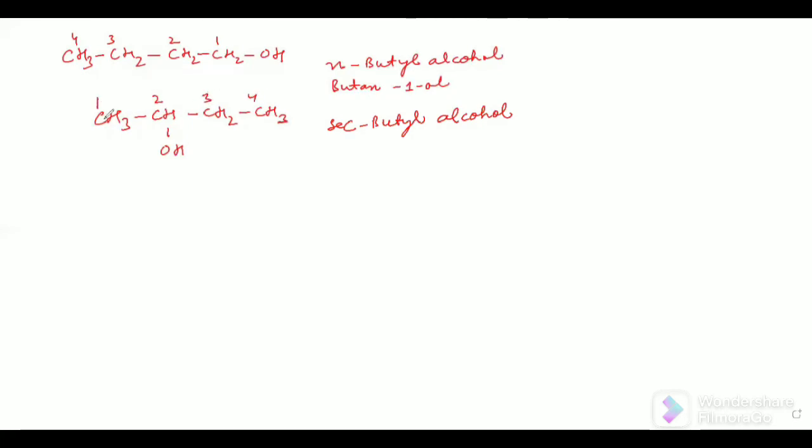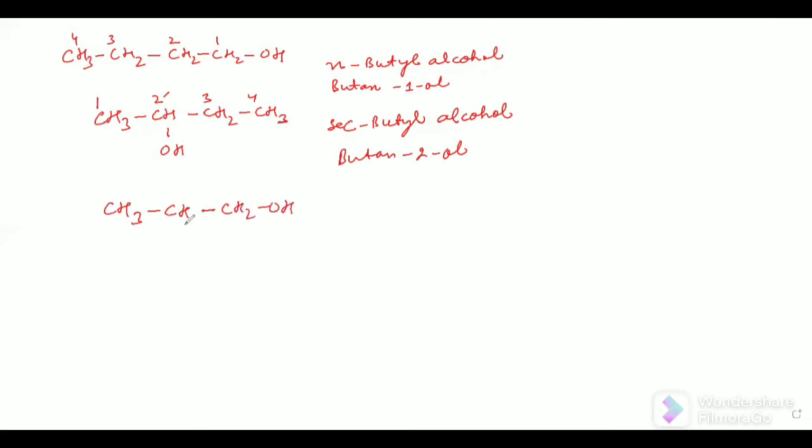We start the numbering from the left-hand side because the OH group will get 2. If you start the numbering from the right-hand side, 1, 2, 3, this OH group will get number 3. So we have to do the numbering from the left-hand side. So the IUPAC name of this will be butan-2-ol.